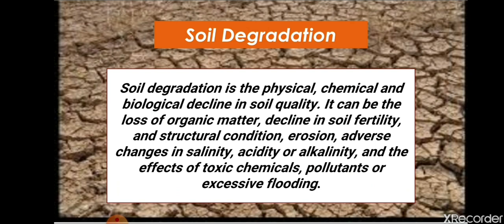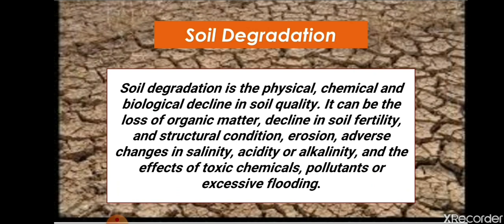You can say it like this: loss of organic matter, soil fertility reduces, erosion takes place, salinity increases, desertification increases, the acidic property of the soil increases, decrease in water composition of the soil, mixture of chemicals.